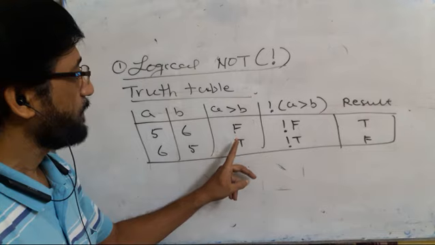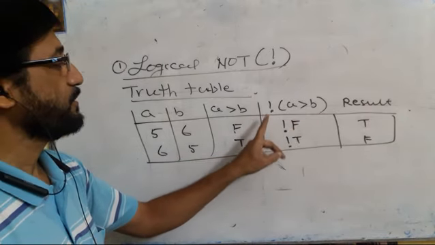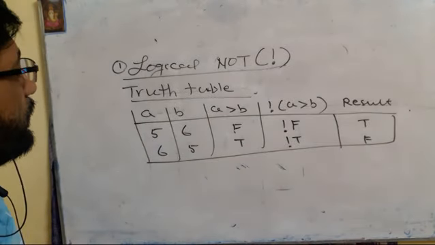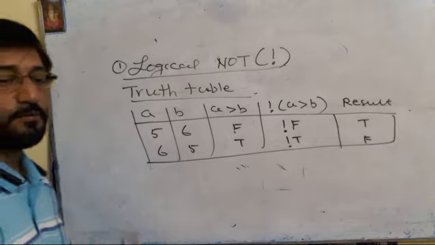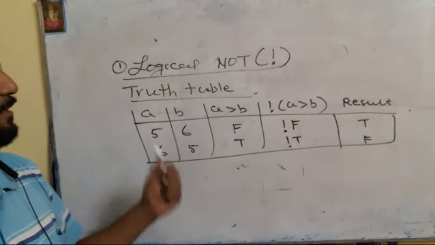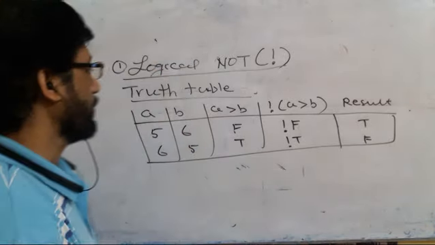If the relational expression is true, then the result of the logical expression formed by logical NOT is false. Okay. So this is all about the relational operators and logical operators. Logical operators are of three types: logical AND, logical NOT, and logical OR.